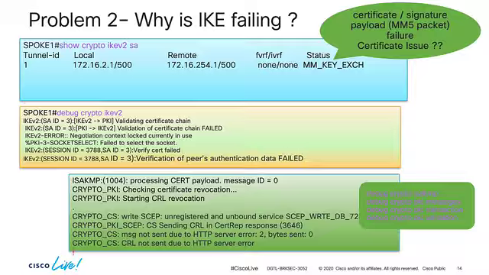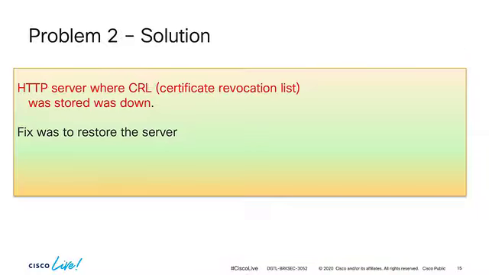This is one of the reasons why we are seeing this as such a widespread problem versus a single spoke. We are seeing this on all of the spokes. So that was a problem with the CRL server.